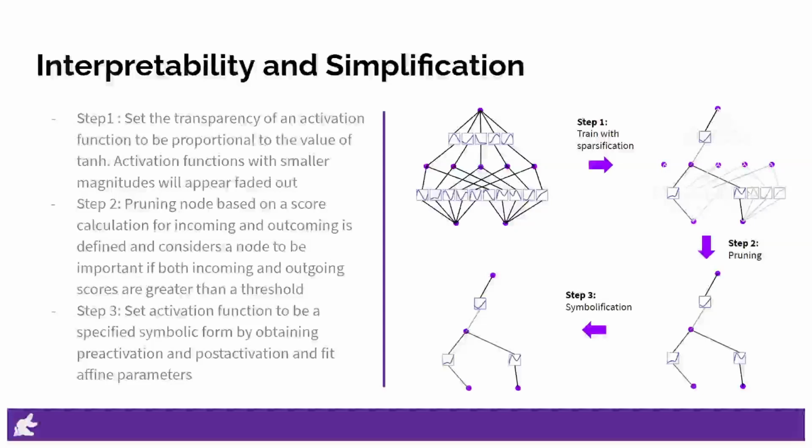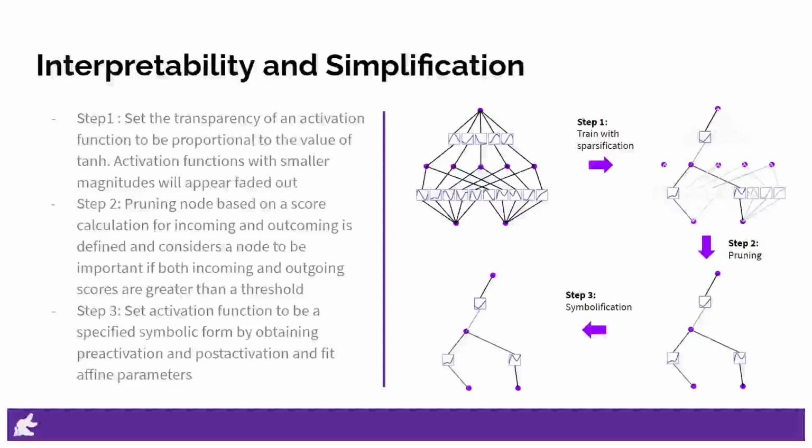To address this, preactivations x and postactivations y are obtained from samples, and affine parameters a, b, c, d are fit to approximate the relationship. The fitting process involves iterative grid search for a and b, followed by linear regression.